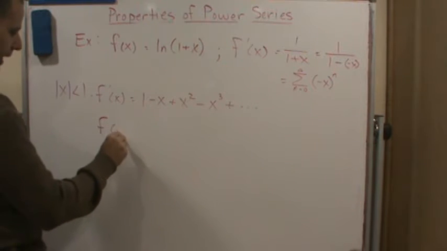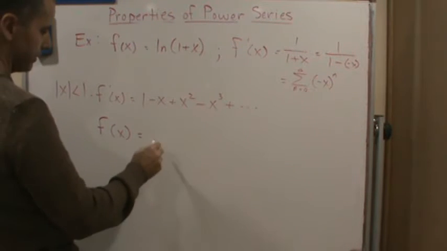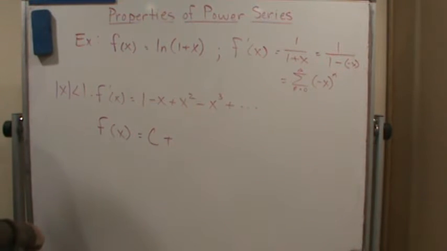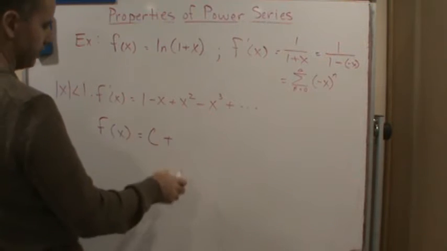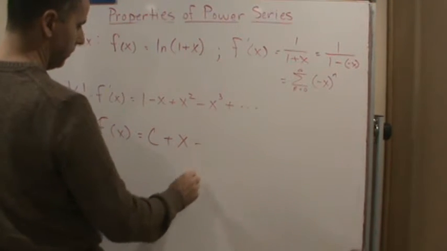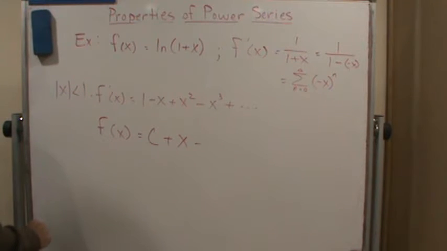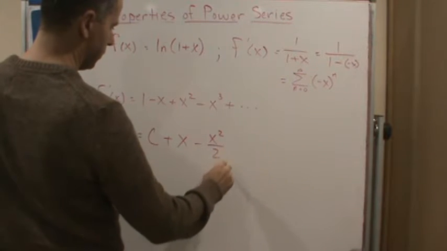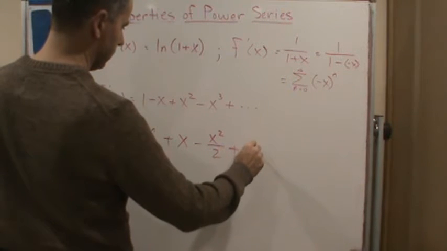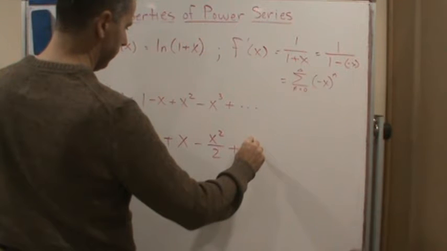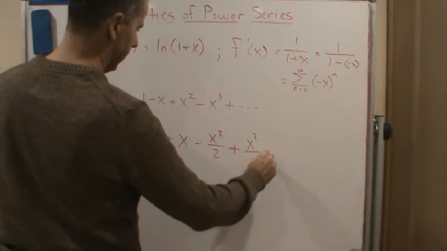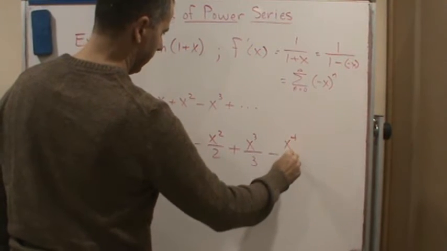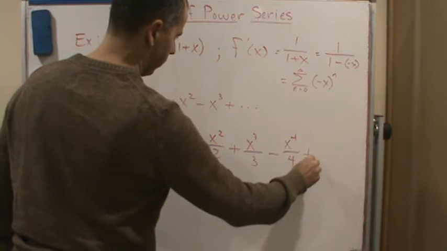We find that f of x equals C plus, this is going to become x minus x squared over 2 plus x cubed over 3 minus x to the 4th over 4.